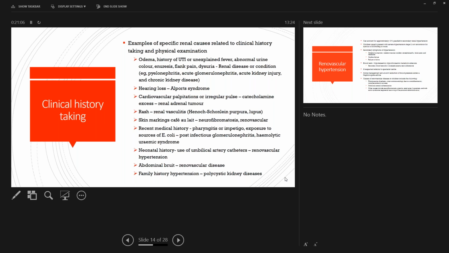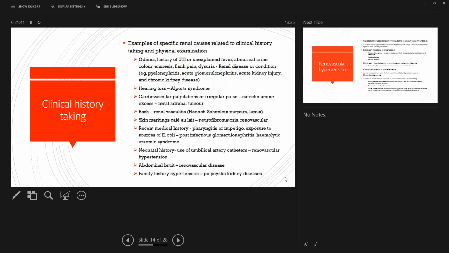So, for example, edema, history of UTI, unexplained fever, abnormal urine colour, enuresis, flank pain, dysuria, anything related to urinary voiding, could suspect a renal disease or a condition that's related to, say, acute obstruction. So your pyelonephritis is an acute problem, your acute glomerulonephritis, an AKI, and/or these can be on top of an underlying chronic kidney disease.